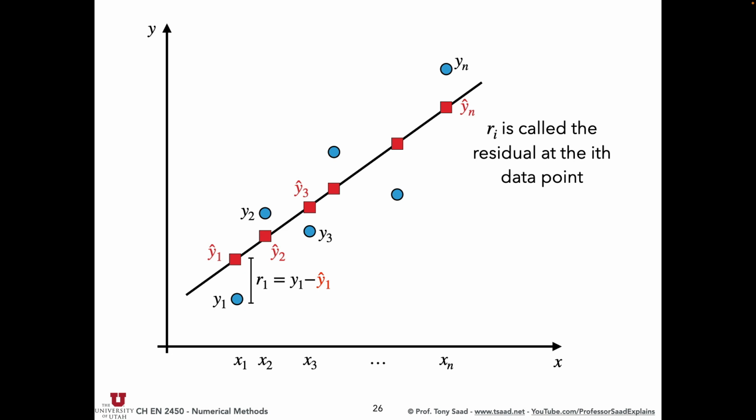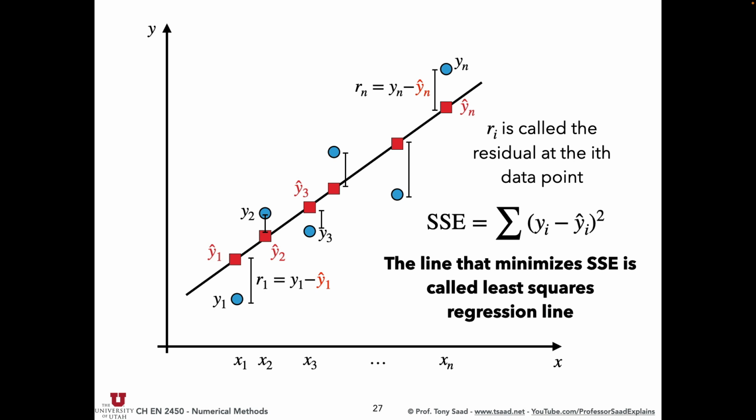So a residual error. We call the first error R1, R2, R3, all the way to Rn. So we call it Ri. This is the residual at the ith data point. Now the idea is that together, all of these errors, if we compute a sum of their squares and minimize that total error together, we get what's called least squares regression.